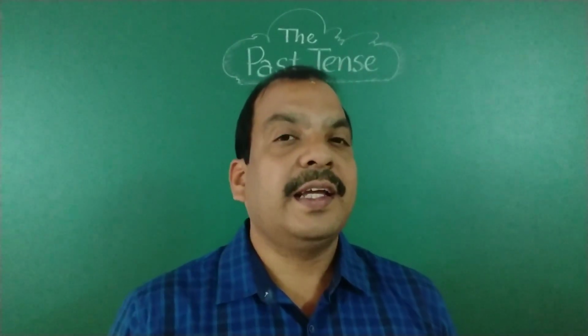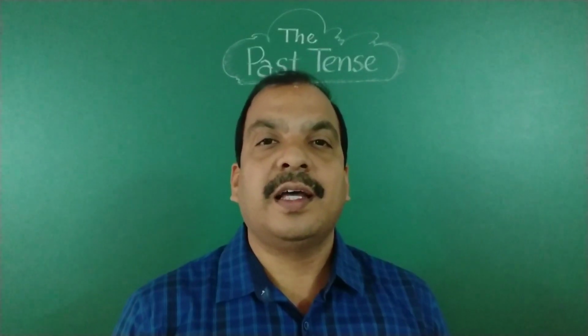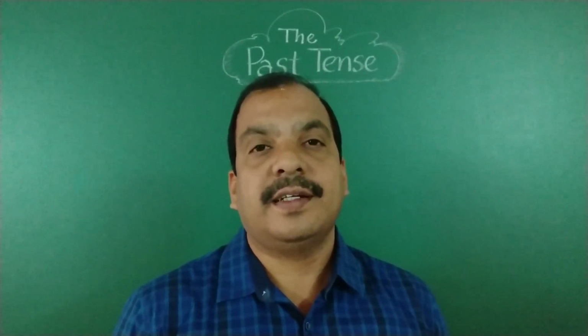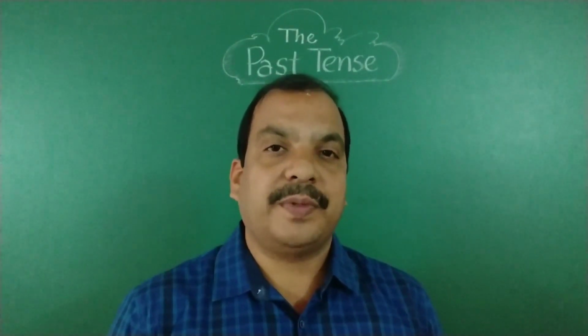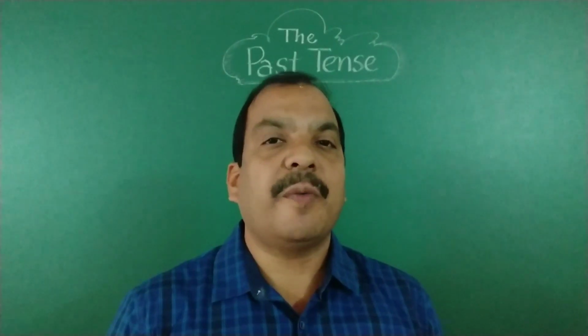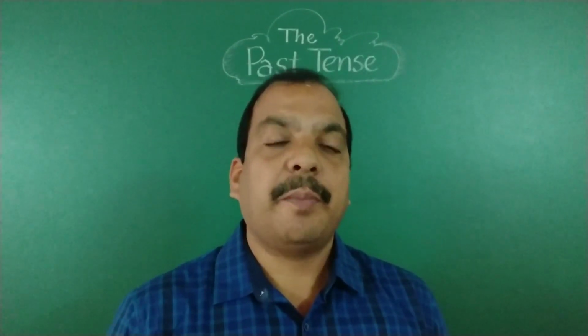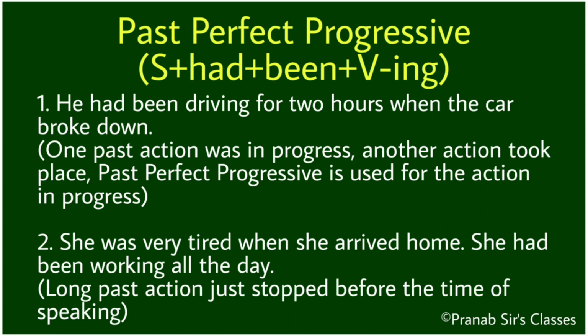And finally, we shall move to the last part of our discussion, the use of the past perfect progressive. The first use of past perfect progressive is, he had been driving for 2 hours when the car broke down.